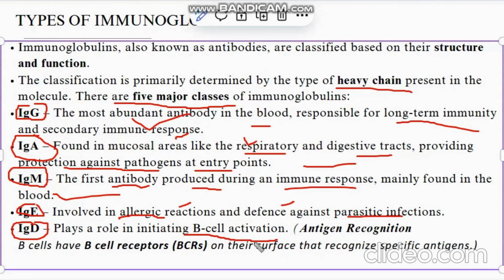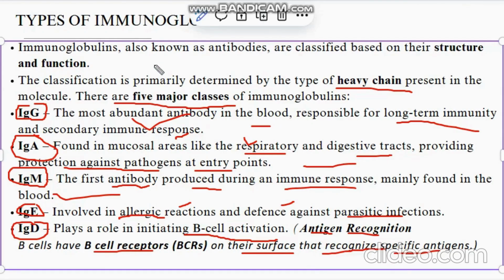The B cells contain some antigen recognition receptors on their surface, called B cell receptors, or BCRs, and they are helpful in recognizing specific types of antigens.